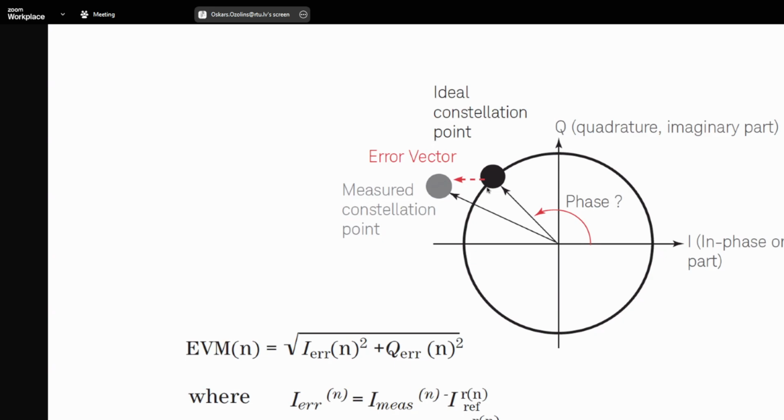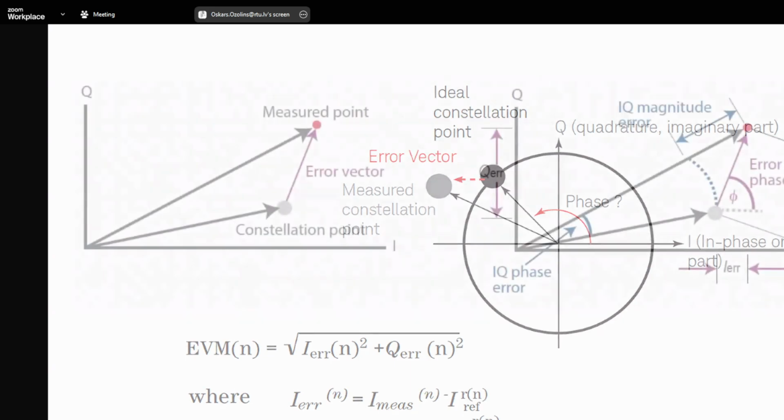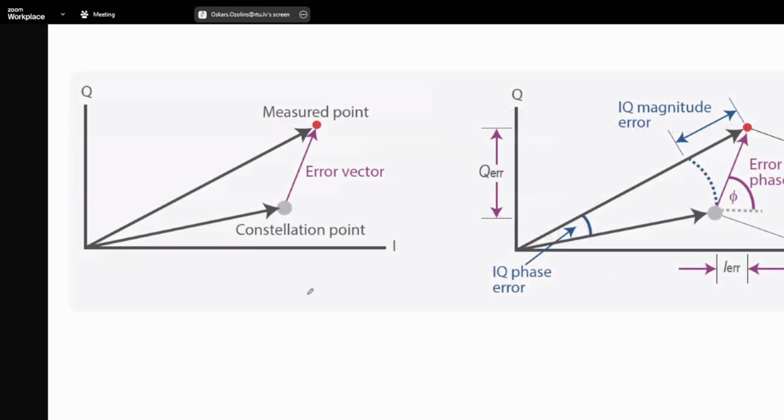Error vector magnitude is then defined in percents, for example, where 100% means very bad and 0% means very good, because 0% EVM means that it's very close to the ideal constellation points. So this is one of the metrics used in coherent communications to estimate signal performance.